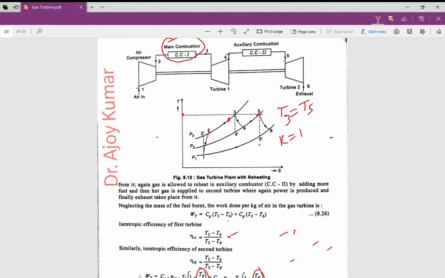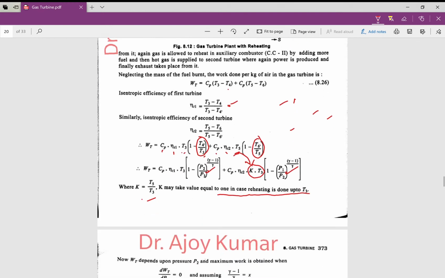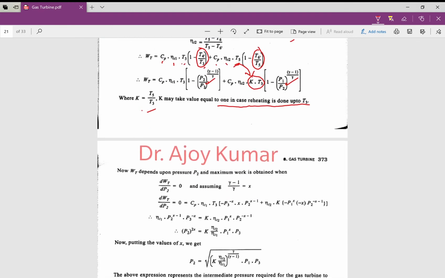Suppose 3 is here, so T3 would be here, and this is your T5. So T5 divided by T3 will not come equal to 1. Okay? Equal to T3, then K will be 1.